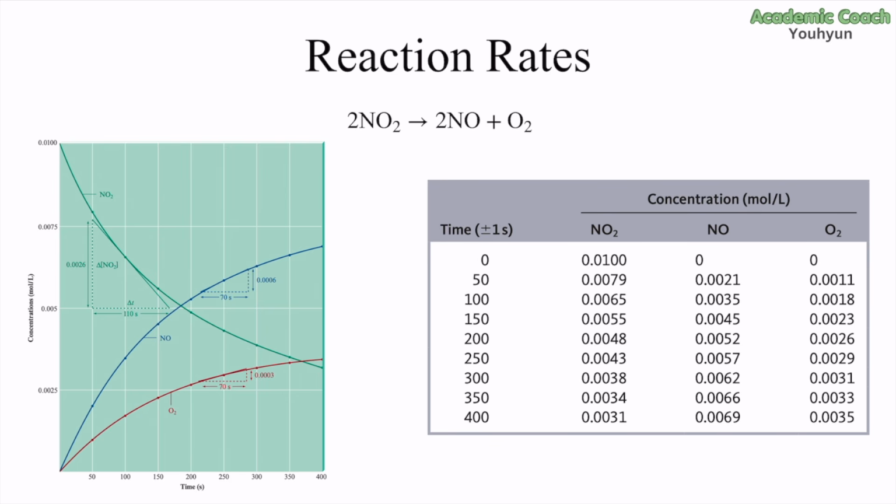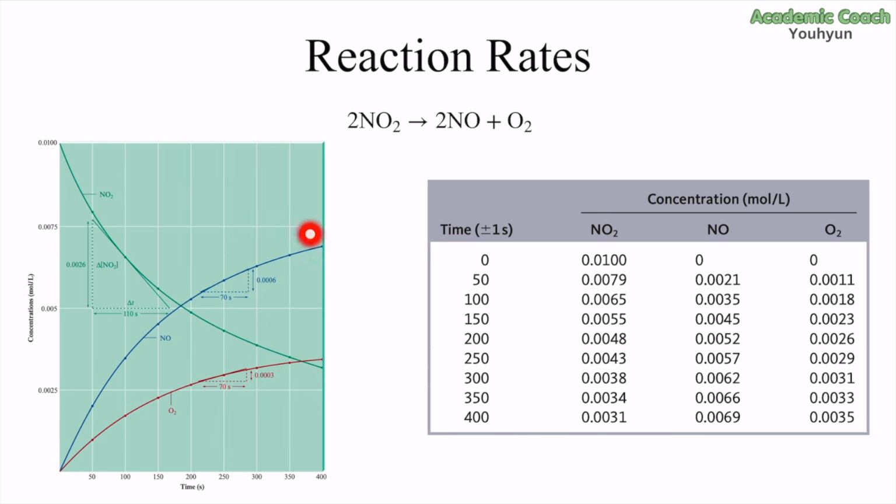Here's another example of a chemical reaction. 2 moles of nitrogen dioxide decomposes into 2 moles of nitrogen monoxide and 1 mole of oxygen. And here on this graph, you will see how the concentration of all three species changes over time. So on the y-axis, it's concentration, x-axis, that's time, and then you will see three curves.